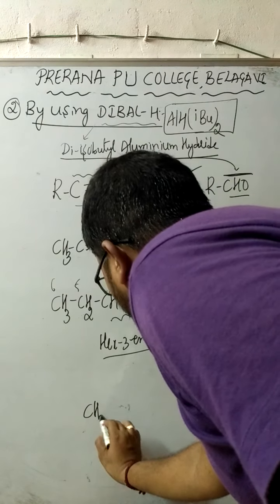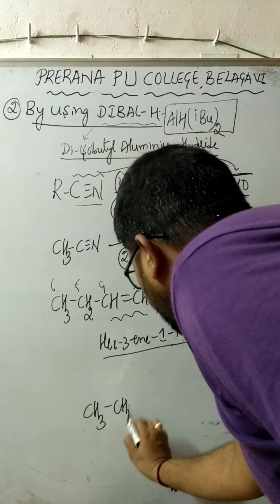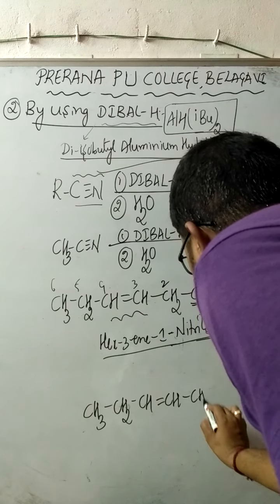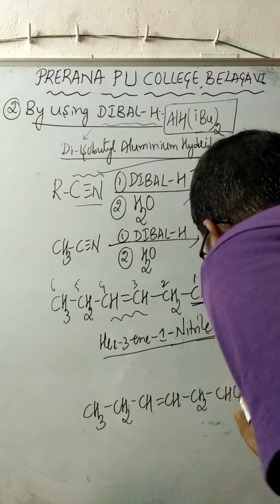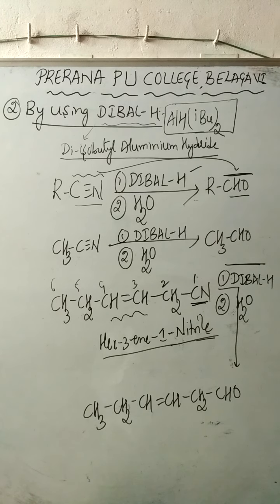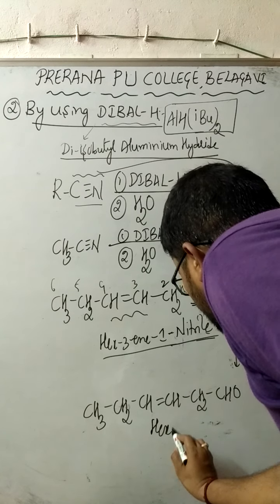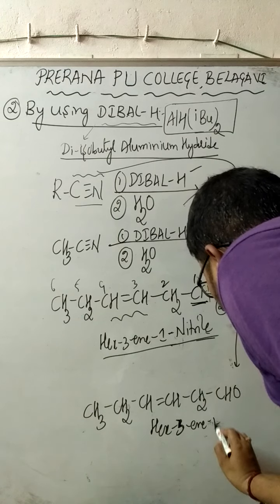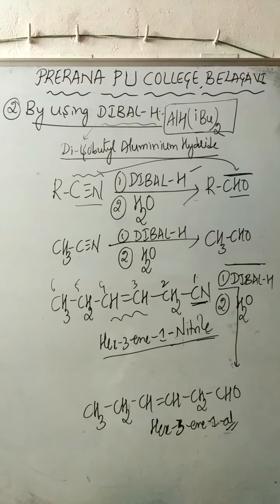So the product can be written as CH3CH2CH double bond CH single bond CH2CHO. So what will be the name of the product? Hex-3-en-1-al. The product will be hex-3-en-1-al.